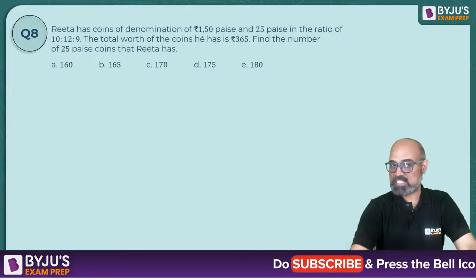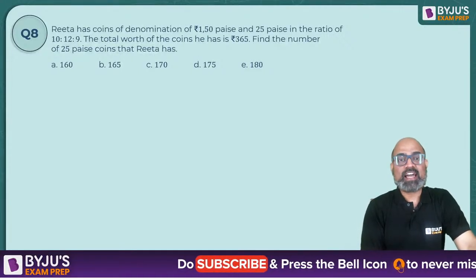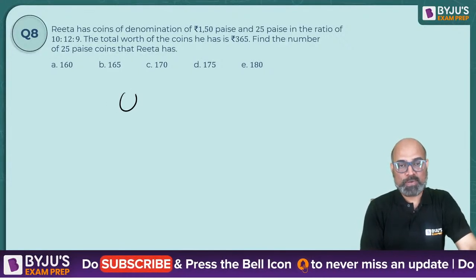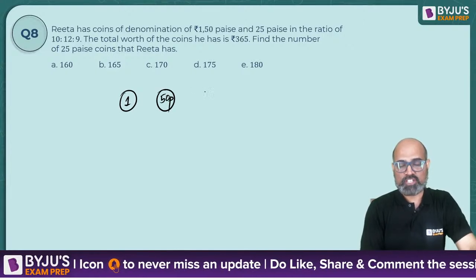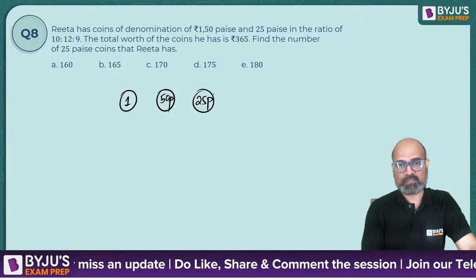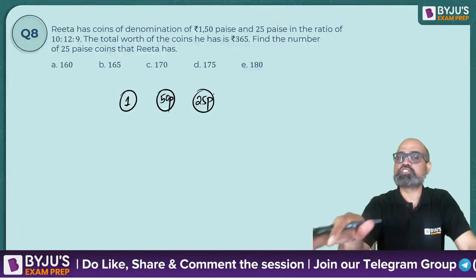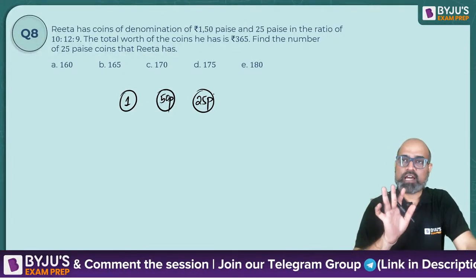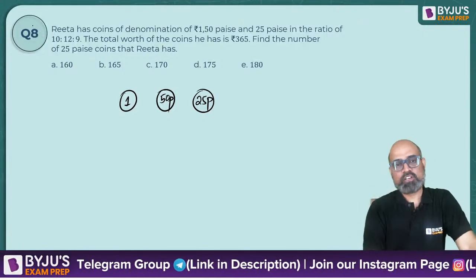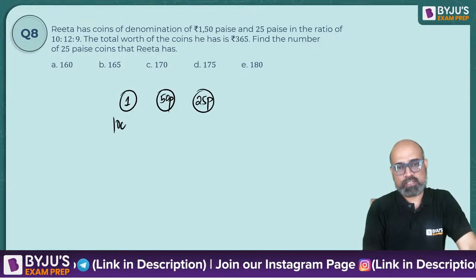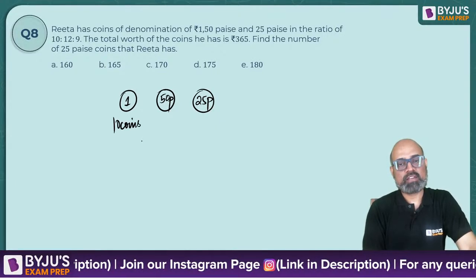Okay, so let's see. So Rita has coins of denomination of 1 rupee का coin है उसके पास. She has a coin of 50 paise and she has coin of 25 paise. How many coins does she have of each type? I don't know, but whatever is given, I am going to assume इतना ही है. So she has 10 coins इसके 1 rupee के.